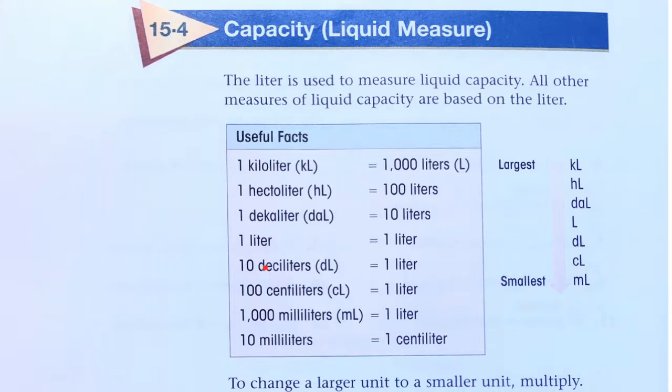It takes 10 deciliters to make 1 liter, 100 centiliters to make 1 liter, 1,000 milliliters to make 1 liter, and it takes 10 milliliters to make 1 centiliter. From largest to smallest, we have the kiloliter down to the milliliter, and we can see our abbreviations for each of the units of measurement here.